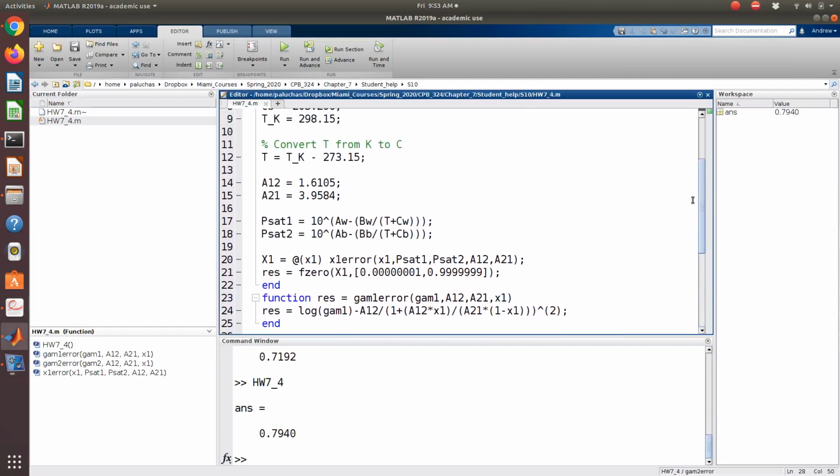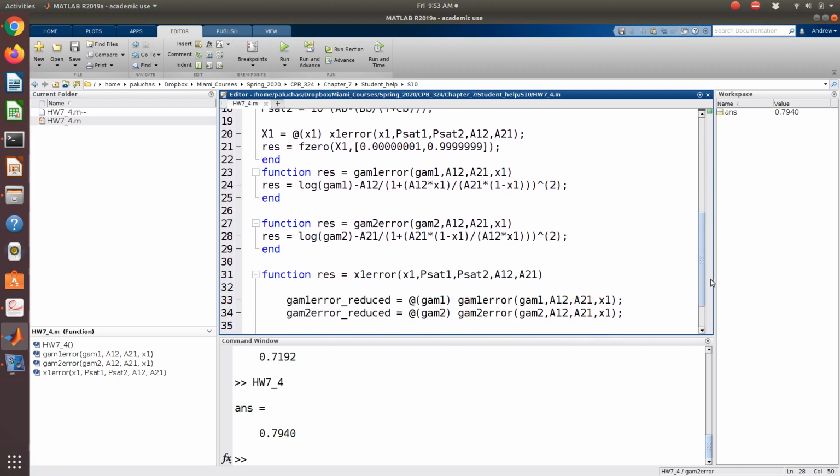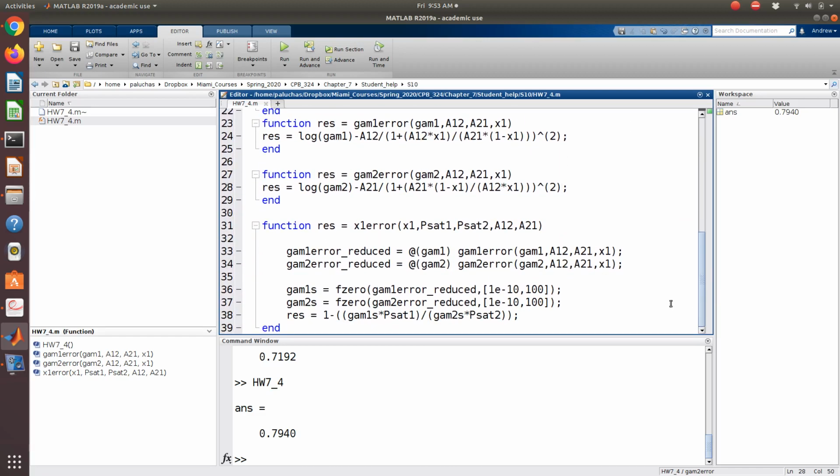So the big issue here was picking up on my Van Laar constants being unknown, and so I needed to add those to my error function, because with my error function each iteration I need to solve for gamma 1 and gamma 2. And then you were numerically solving for gamma 1 and gamma 2, which is fine. But if I do that, I need to make sure that those error functions only have a single input, which would be gamma 1 and gamma 2 in each case, what I'm trying to solve for.